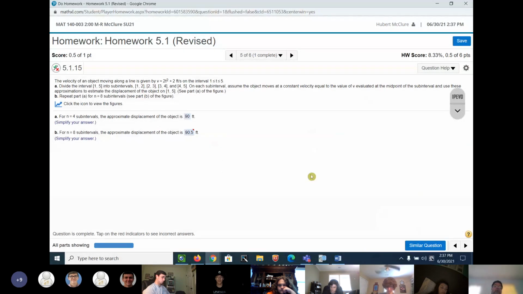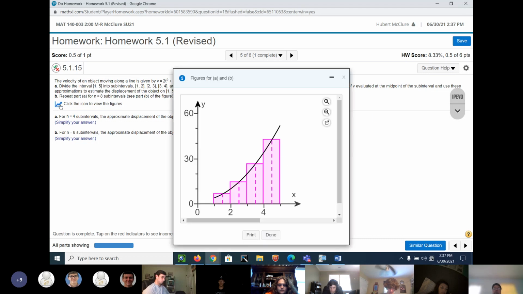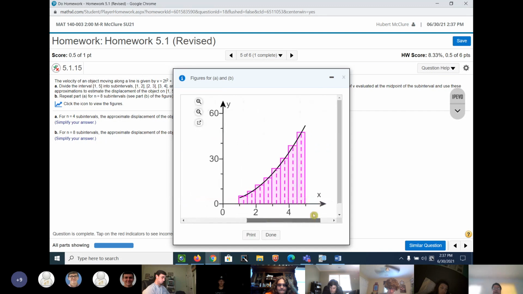Now, some of you say it's more. No, it's not. It's accurate. Why is it more accurate? Because the error triangles are smaller. So it's not greater than, it's more accurate. Look at the drawing. What happens to the error triangles?